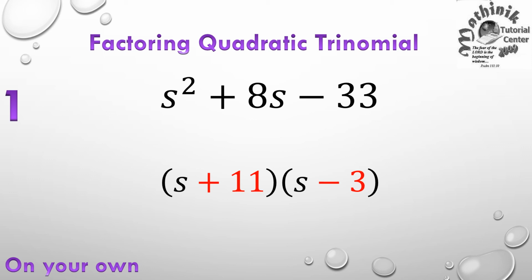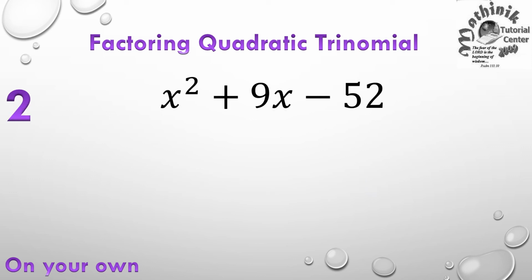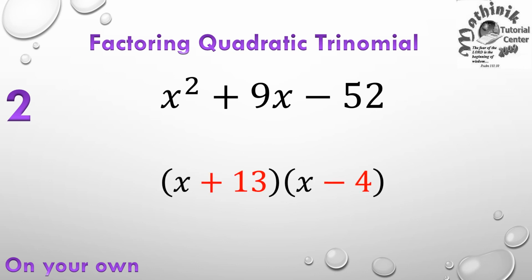Okay, next one. x squared plus 9x minus 52. You have 15 seconds. Go. So what are the factors? x plus 13 times x minus 4.